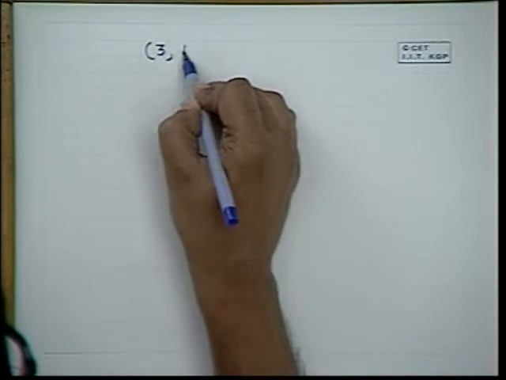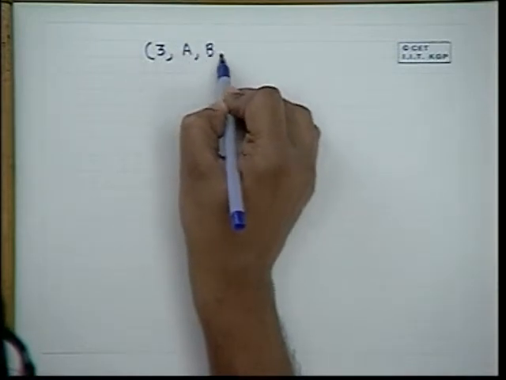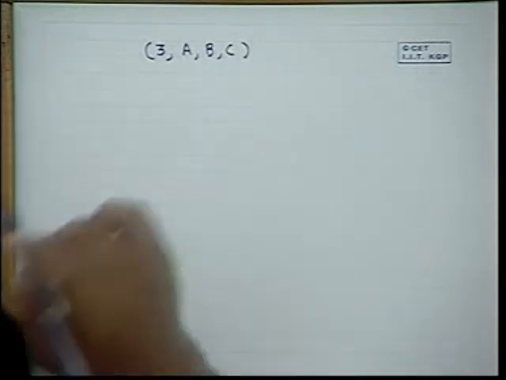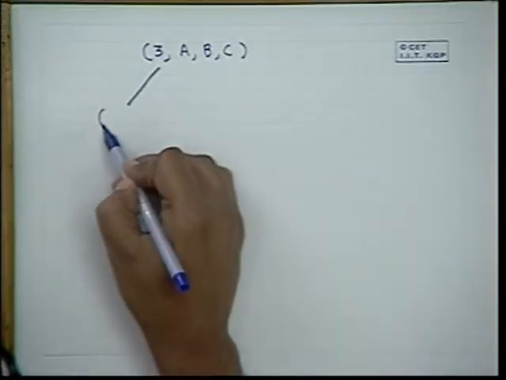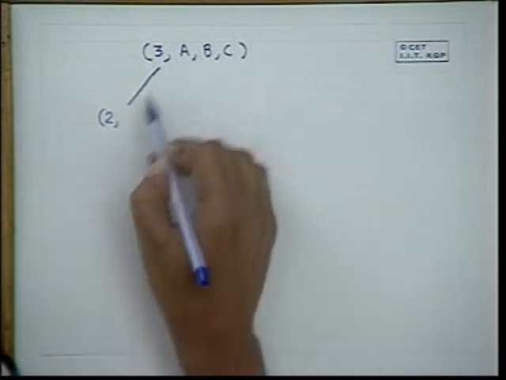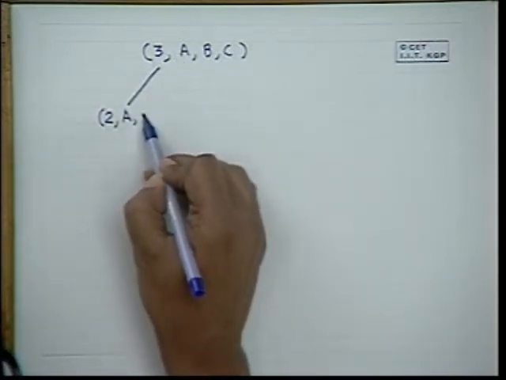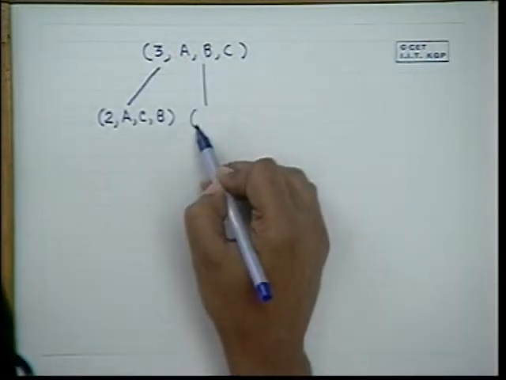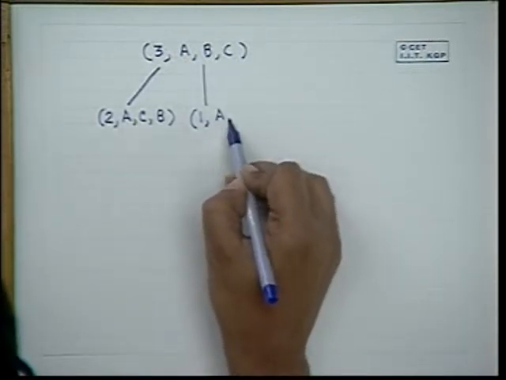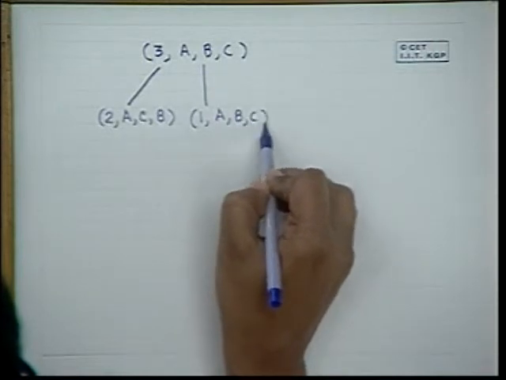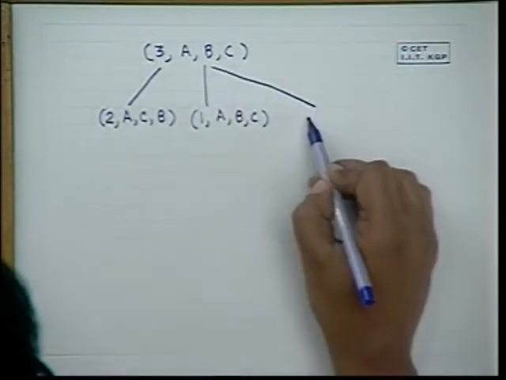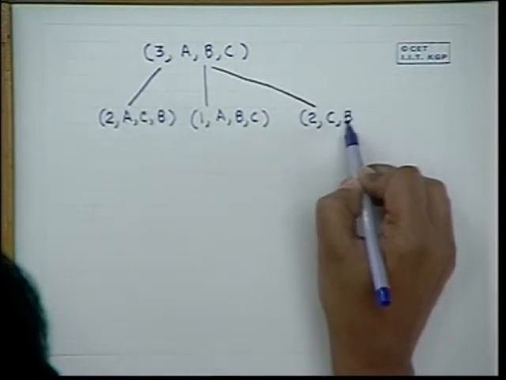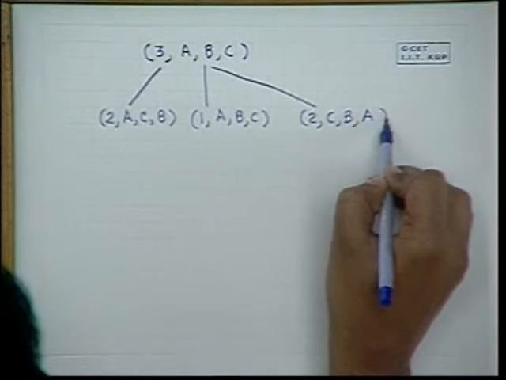3 A, B, C. This is from, this is to, this is via. And what is it? We have to solve 2 A, C, B, 1 A, B, C, and 2 C, B, A, right?